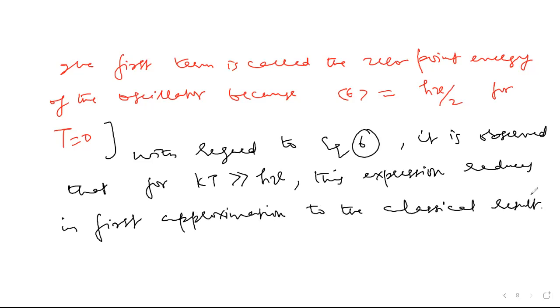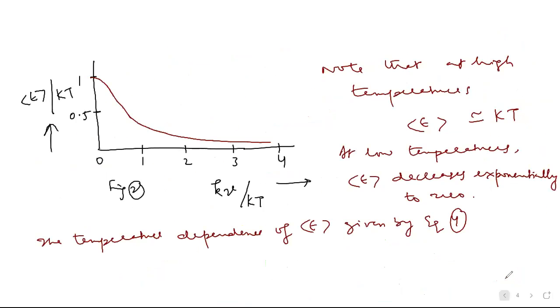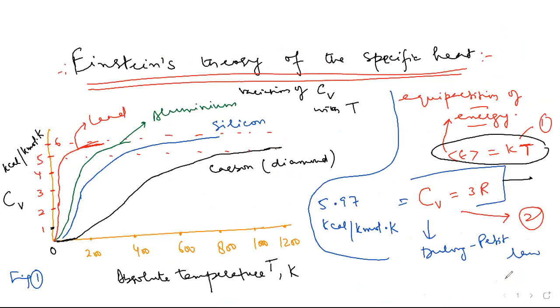Which is our classical result? The Dulong-Pettit law. I have named that equation 2. This is my classical result.